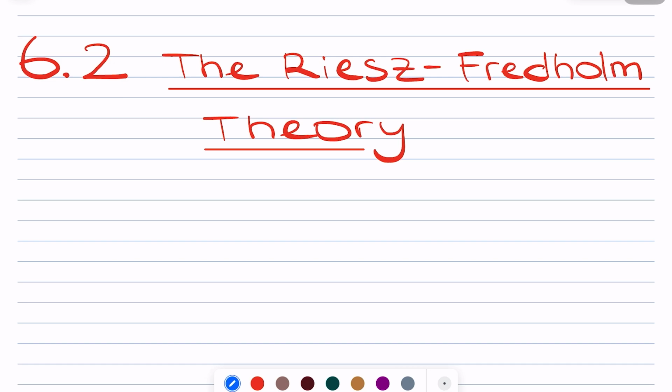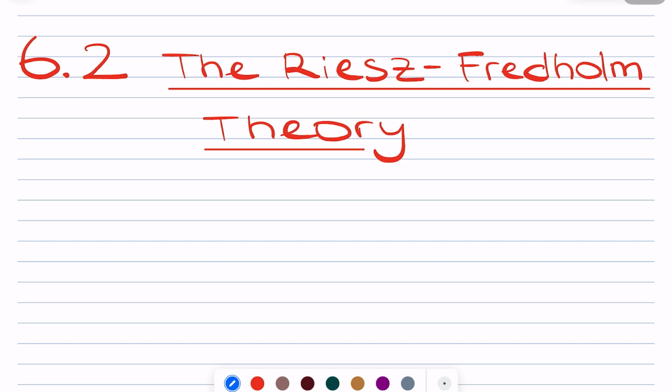Just as each chapter in a book builds upon the preceding one, our discussion today will add layers of depth and comprehension to our grasp of the intricate tapestry of functional analysis. So, fasten your seatbelt and get ready to unravel the intricacies of the Riesz-Fredholm theory.